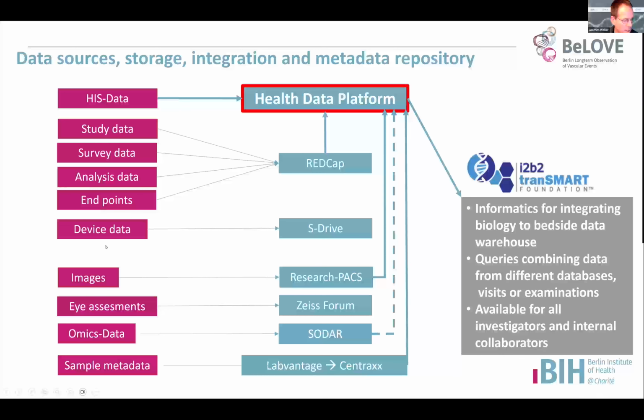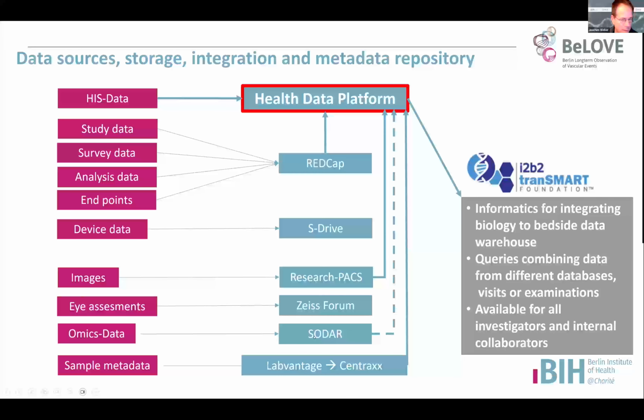We have, in addition, the raw device data, which are currently stored in an internal drive of the Charité, the S drive, which is currently not connected to the health data platform. There's a gap in our data transfer options. We have then the imaging data, which are on the research PACS and which is connected to the health data platform.